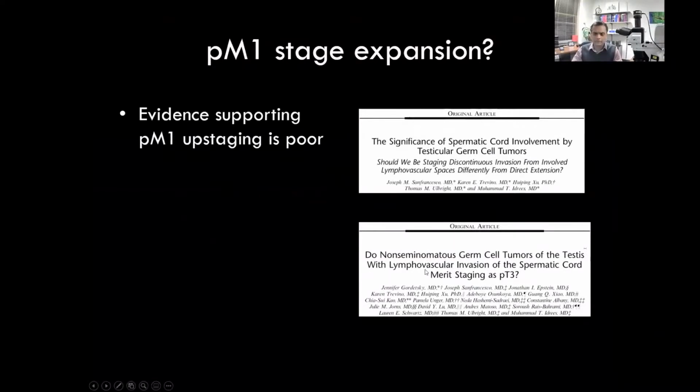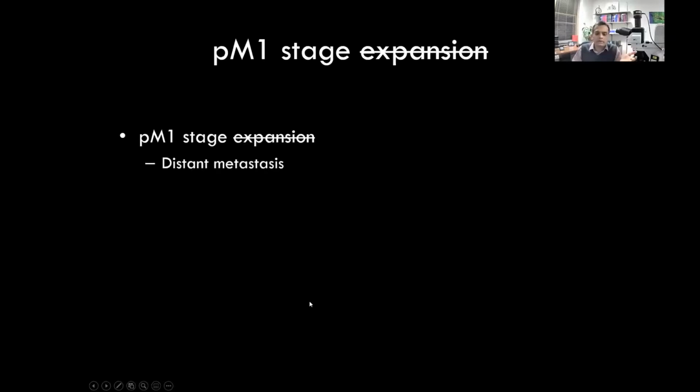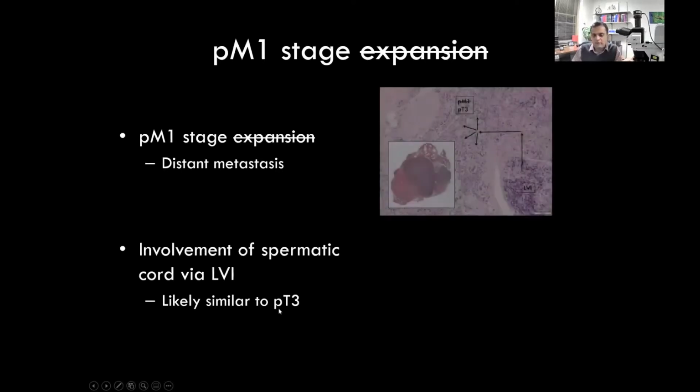And the combination of these two studies shows us that LVI in the spermatic cord, whether it's with soft tissue invasion into the spermatic cord or without soft tissue invasion, both behave like PT3 tumors. So essentially, what they are saying is that PM1 stage should be just left as it is. That is only when you see distant metastasis. And if you see involvement of the spermatic cord via LVI, these tumors behave like PT3.